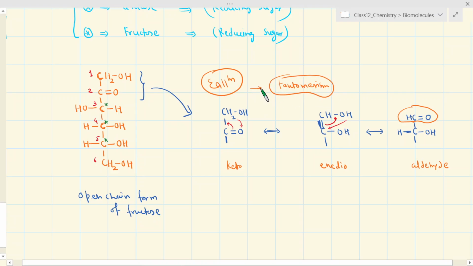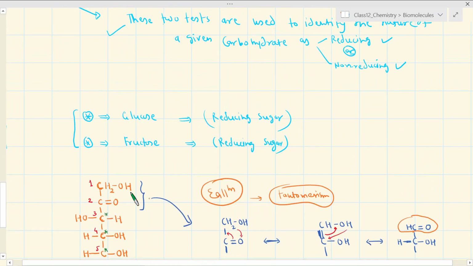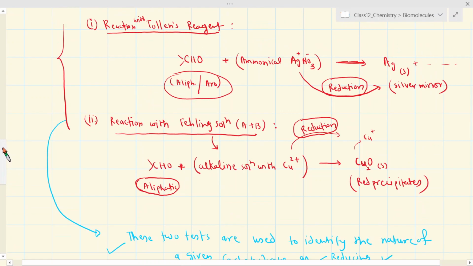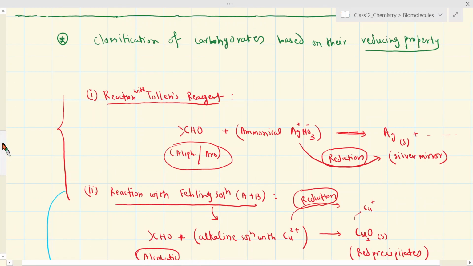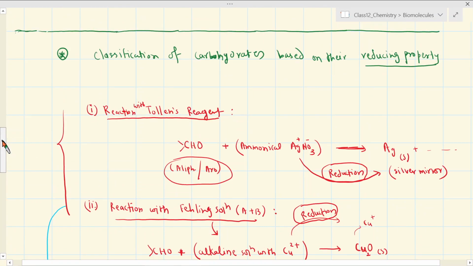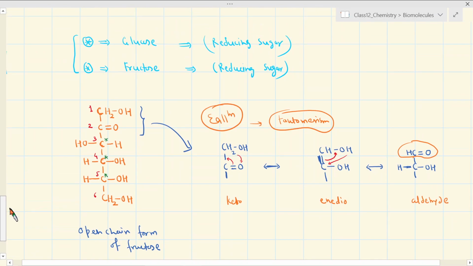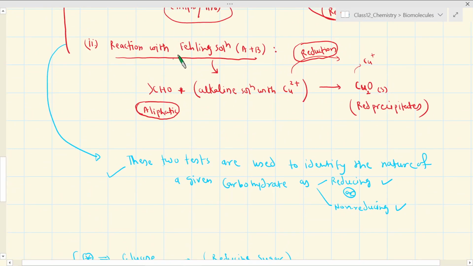More structure formations are possible, and this ultimately leads to the formation of this. So let me tell you, any open chain sugar, whether 5-membered or 3-membered, doesn't matter, all those monomers, whether aldehyde or ketone, are all capable of reducing these two reagents.